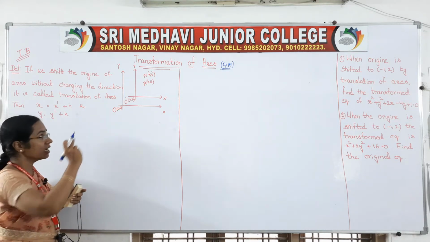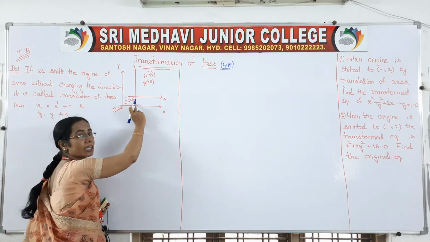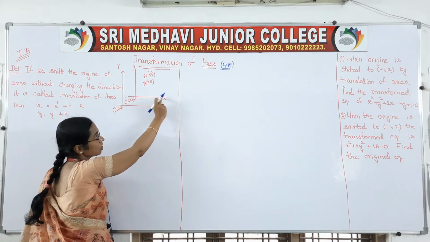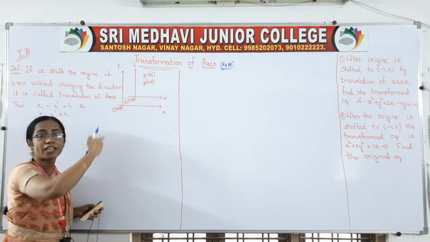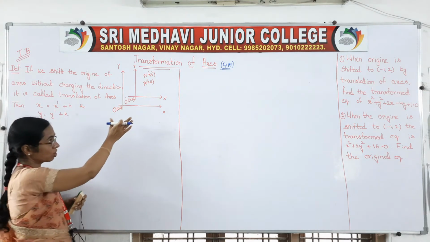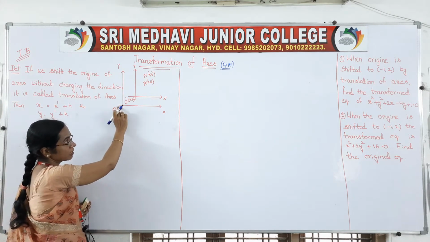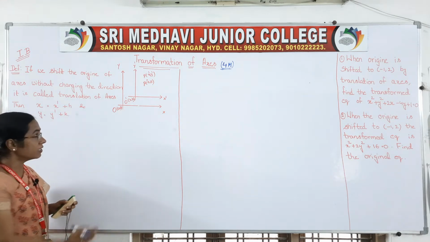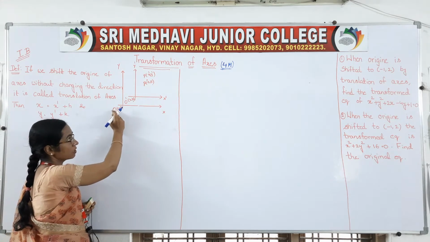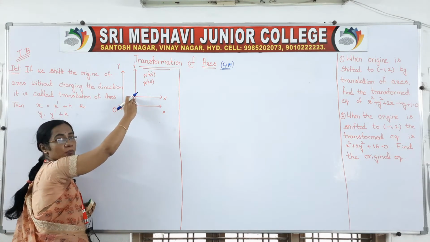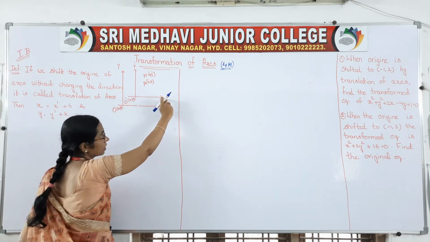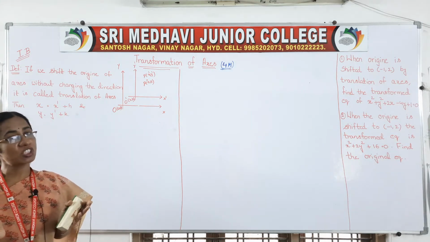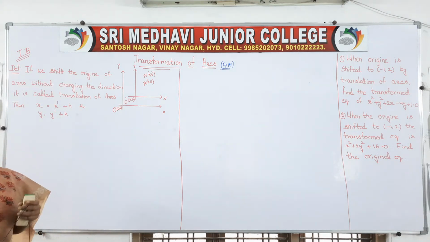First one is shifting the origin from one place to another place without changing the directions of x and y axis. See, observe carefully here. This is your x axis, this is your y axis, this is the origin. Just we are shifting the origin from here to another place without changing the direction of x and y axis.